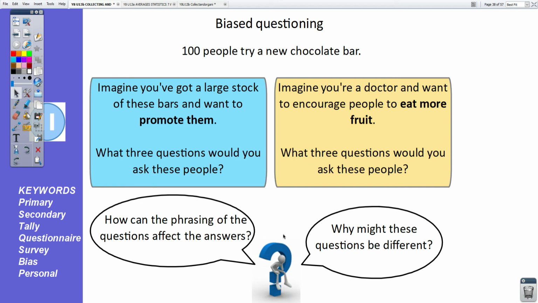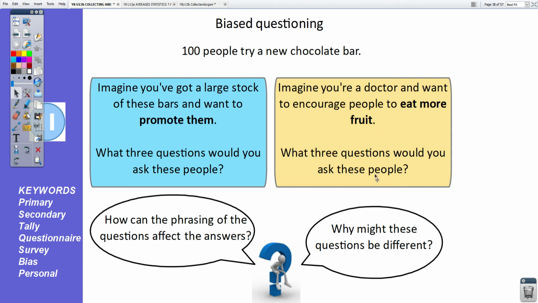So biased questioning as well. 100 people try a new chocolate bar. Imagine you've got a large stock of those bars and you want to promote them. You want to sell those chocolate bars. What 3 questions would you ask these people? Have a think about that. And at the same time, imagine you're a doctor and you want to encourage people to eat more fruit.